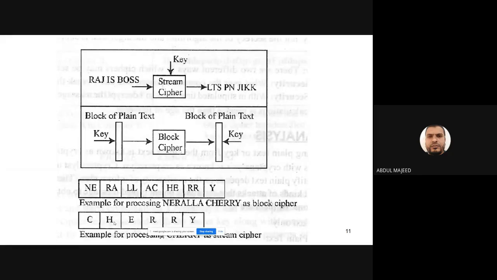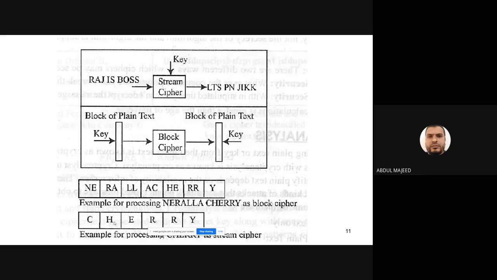Okay, for understanding, one more example has been given. The plain text is Neralachari, and we want to process it as a block cipher. So we divide Neralachari into blocks of two characters: NE as one block, RA as one block, LL, AC, HE, RR, each as one block, and finally we are left with only one character.